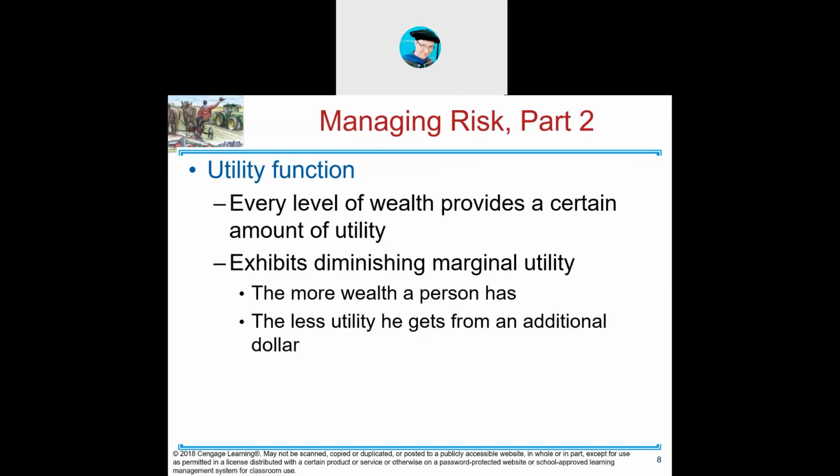So it's really important for you to understand what your risk tolerance levels are, what your utility is, before making investment decisions, before investing into things like stocks and bonds and whatever, right? It's really, really important for you to understand that.